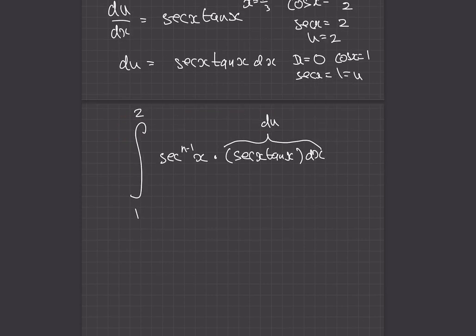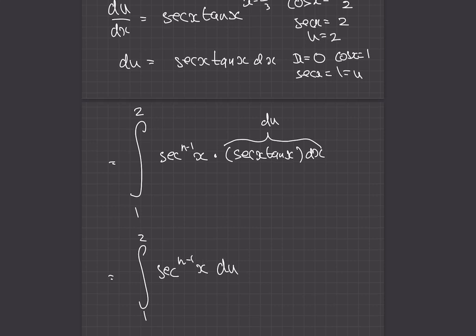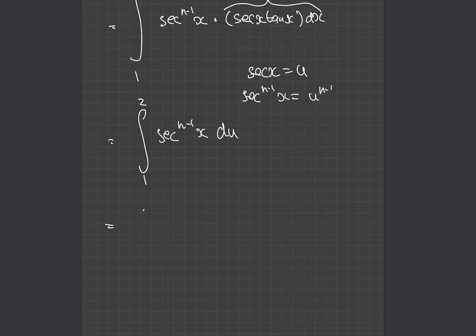So this becomes the integral from 1 to 2 of sec to the n-1 x du, and remember that sec x equals u, so sec to the n-1 x equals u to the n-1. So that means that bringing the entire thing into u, it's u to the n-1 du.